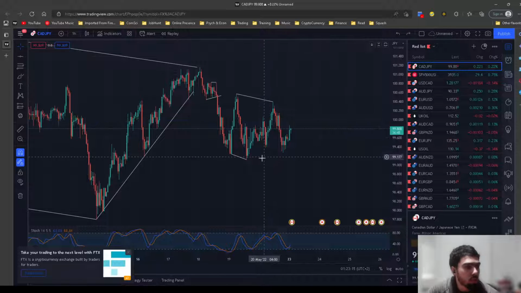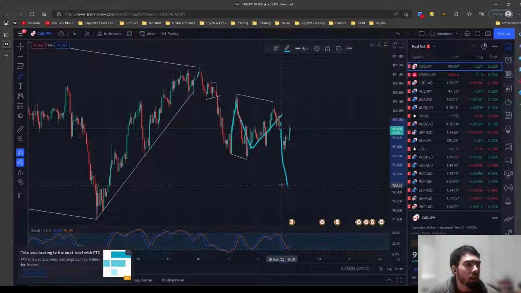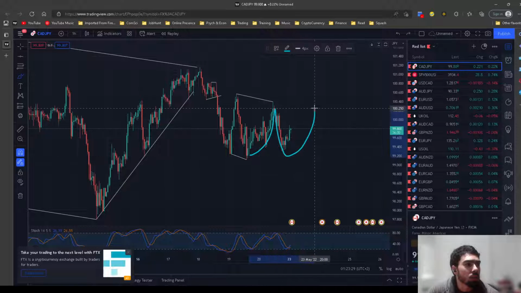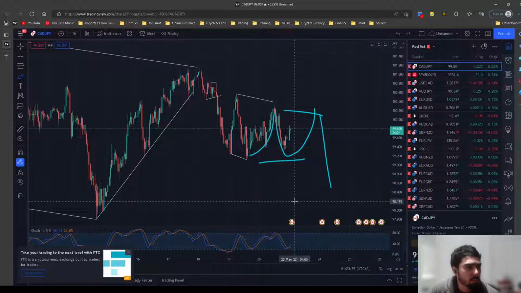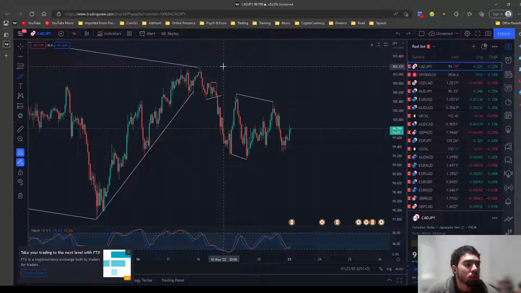At the moment, as opposed to 1, 2, 3 and down, we could be looking at A, B, C for downside, but we wouldn't know that yet. If we broke this low, that would confirm this move. So I think I got in prematurely, but we'll watch that, and the best place to put a stop loss would be over here, because at this point the trade is no longer valid. So that is the situation.